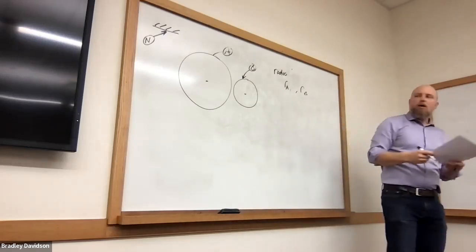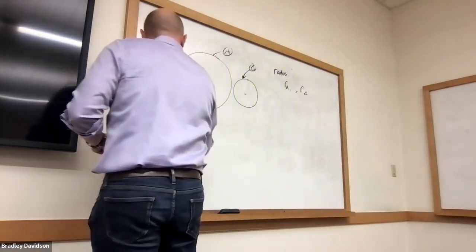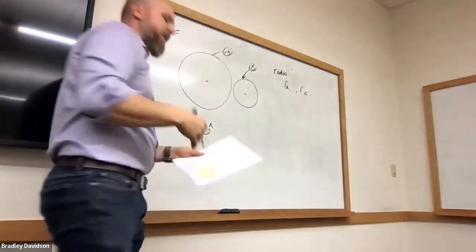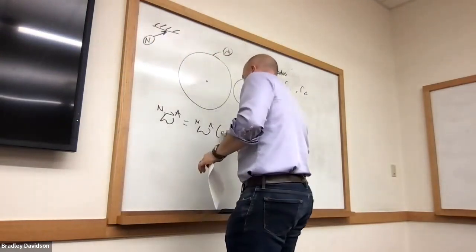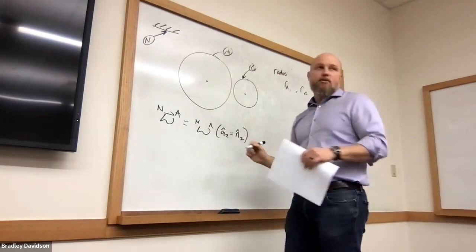Some other things that we know: omega of A in N is equal to the scalar omega A times a direction, in the AZ, which is also the NZ direction.